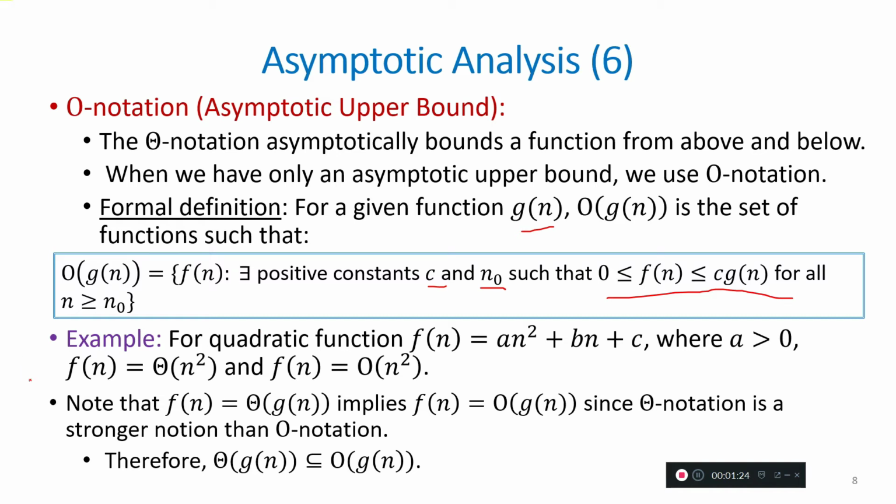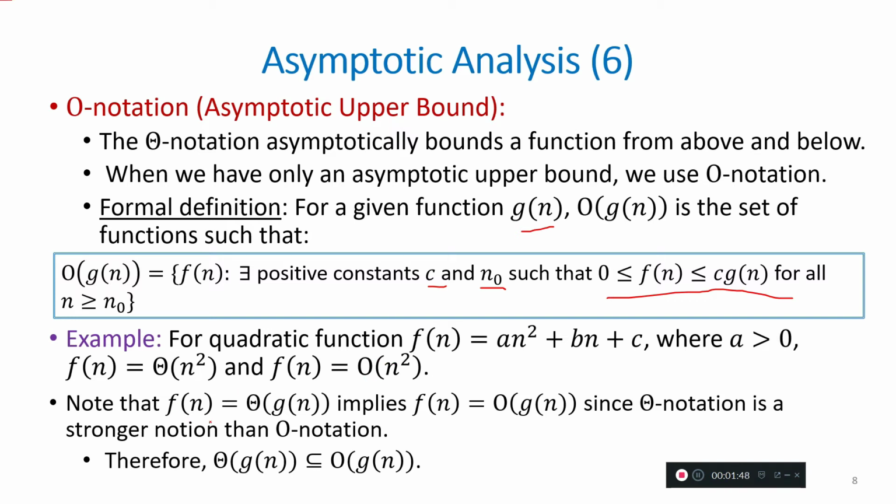Therefore, if we look at this example, we see that for the quadratic function f of n is equal to a n squared plus bn plus c, where a is positive, f of n is equal to theta n squared, which is true, and f of n is also equal to big O n squared, which is also true because it is upper bounded by n squared.